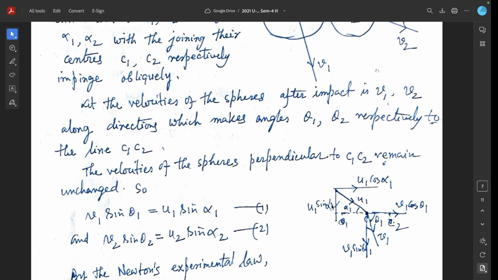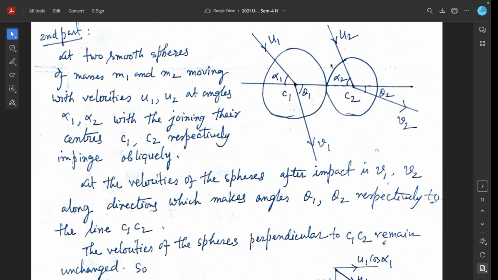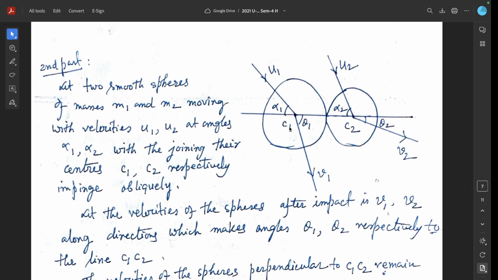Similarly for v2, v2 sin theta 2 equals u2 sin alpha 2. Remember that with no figure, there are no marks in this question.